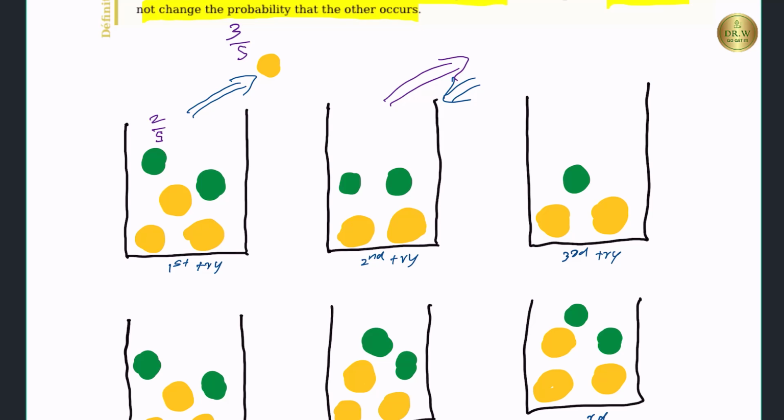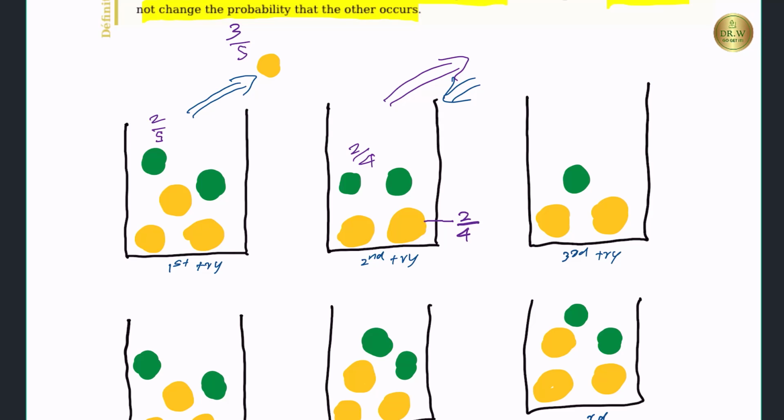There are 4 balls. What are the probabilities? For the yellow one, we have only 2 now, because one is in your hand, and the total is now 4. Similarly, the green one is also 2 over 4. Now you see, the first try and second try probabilities are different.